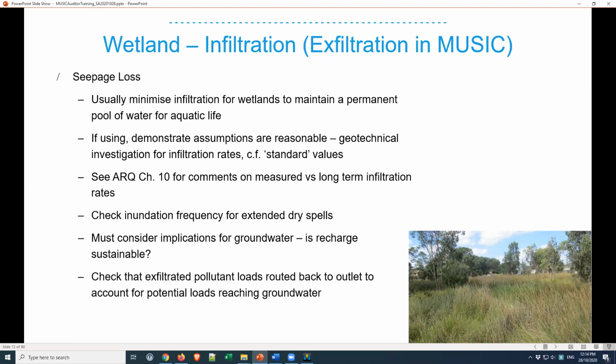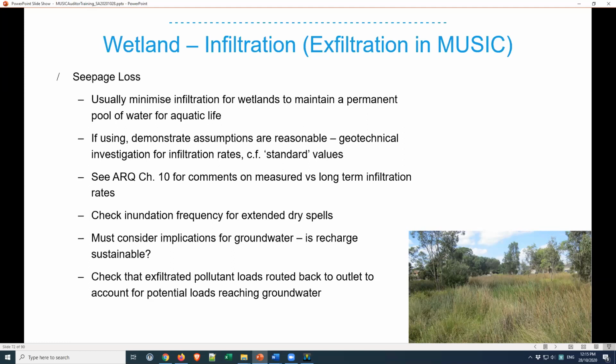But it's so low that the wetland will be fine, and we're just going to leave that as is. Otherwise, if you're lining it, then your infiltration will probably be practically zero, because you'll line it so that your infiltration's 10 to the -7 sort of thing. It'll be very low infiltration rates, and for all practical purposes, it's zero.